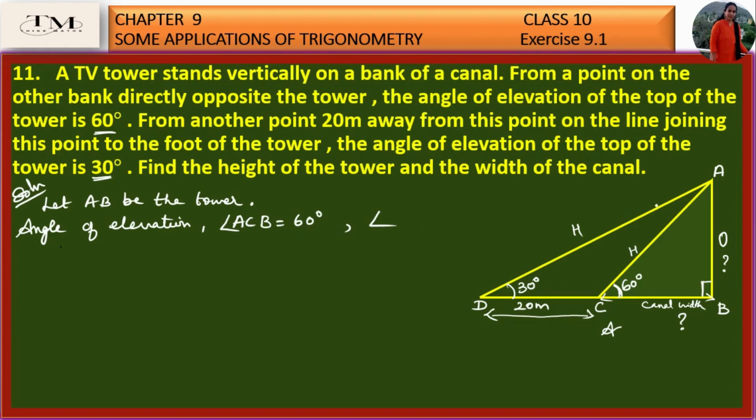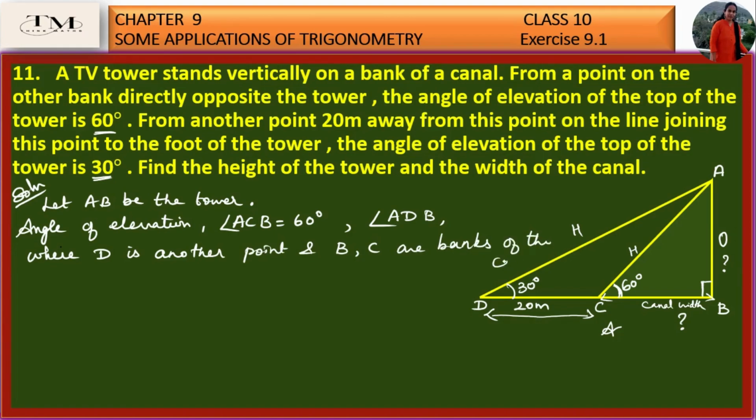Another angle of elevation is ADB, where D is another point, and B, C are banks of the canal.